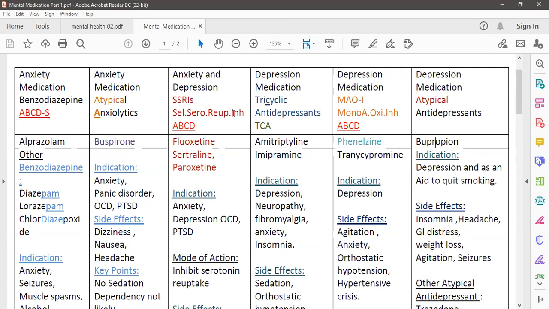So this medication helps you to keep the serotonin in the body, which makes you happier. Depression patients are very sad, right?